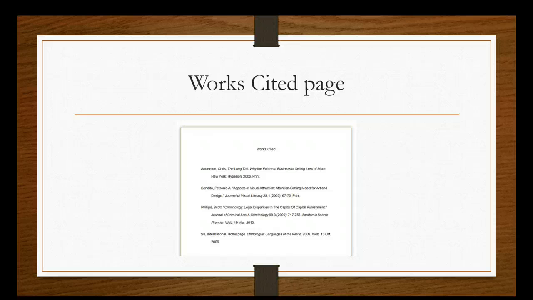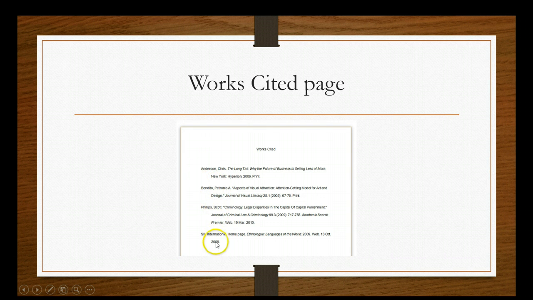So this is what a works cited page looks like. It has the words works cited at the top, capitalized. And then in alphabetical order, it has the sources that were used. And each one has a hanging indent, meaning that the second and subsequent lines of each entry are indented, but the first line is all the way over to the margin.